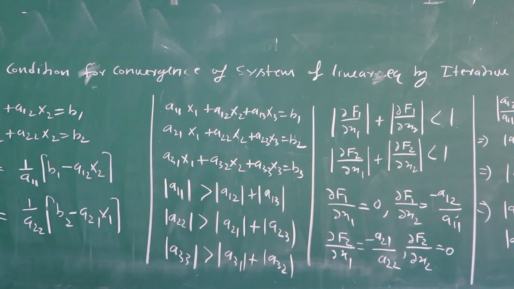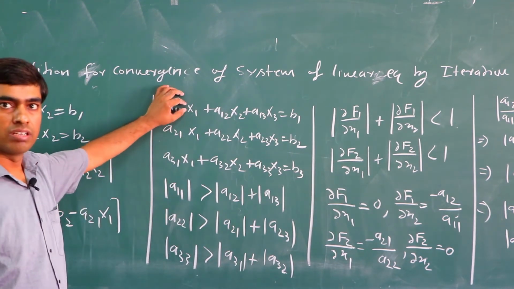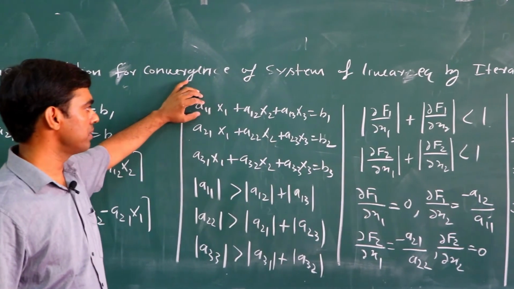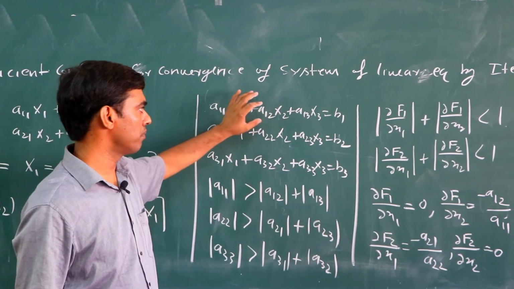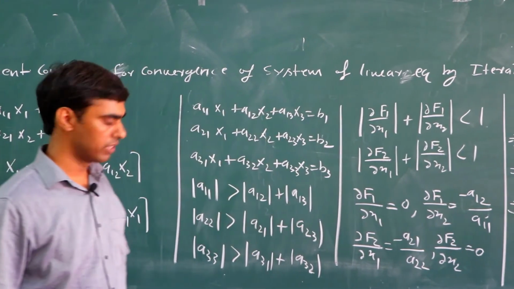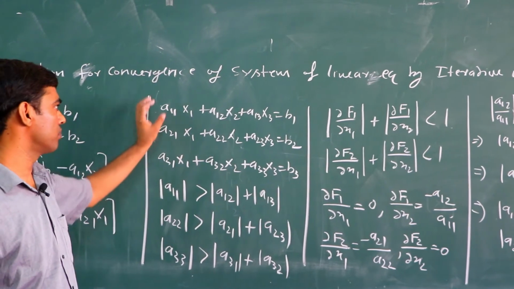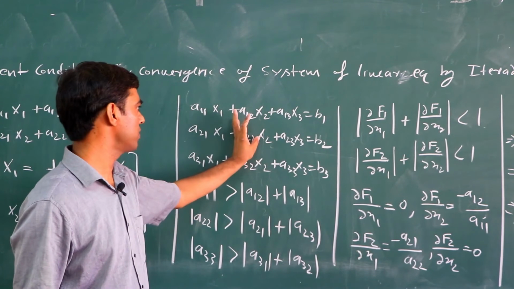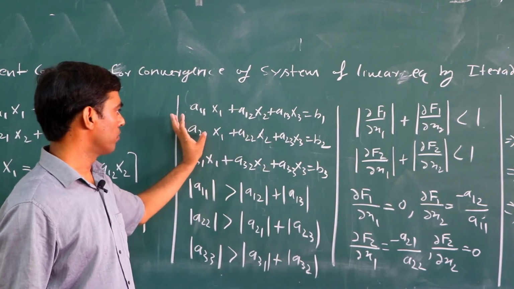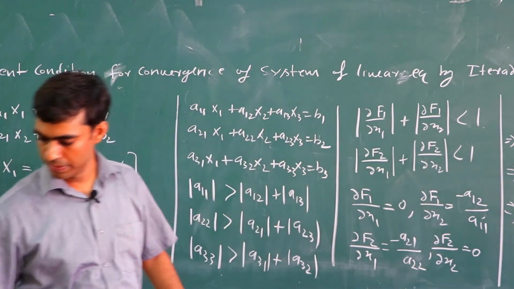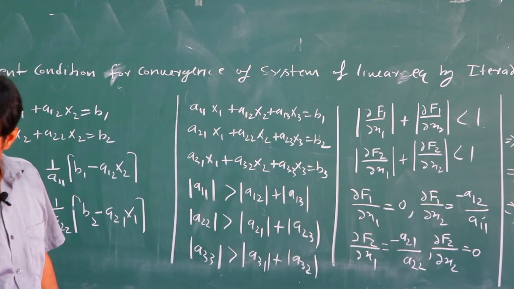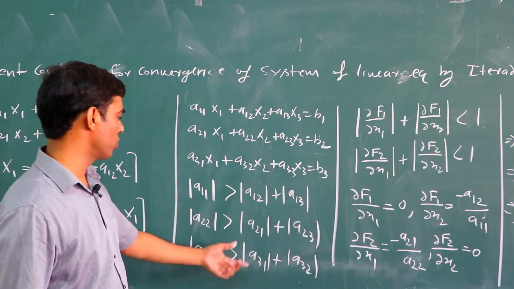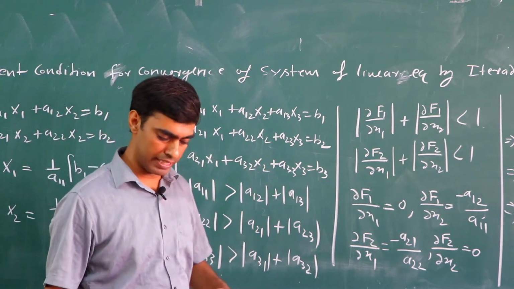So what is the meaning of this? The modulus of a diagonal element must be greater than the sum of the moduli of the remaining coefficients in its row. In this way, the modulus of a33 is greater than the modulus of a31 plus the modulus of a32.